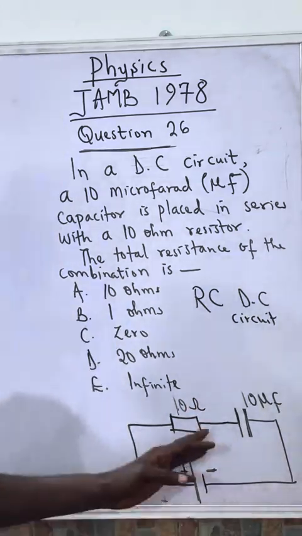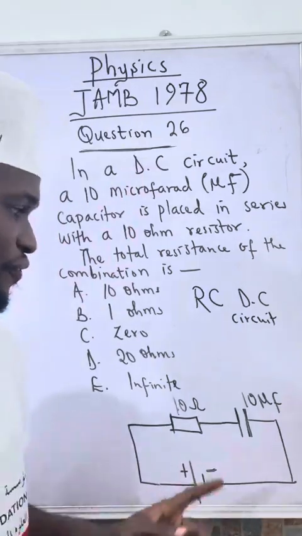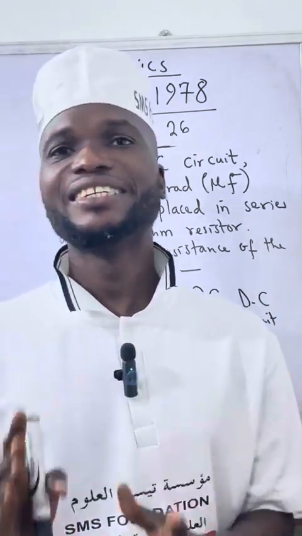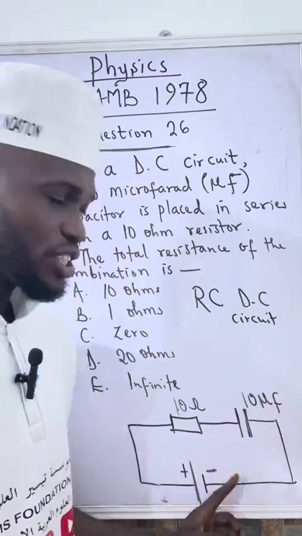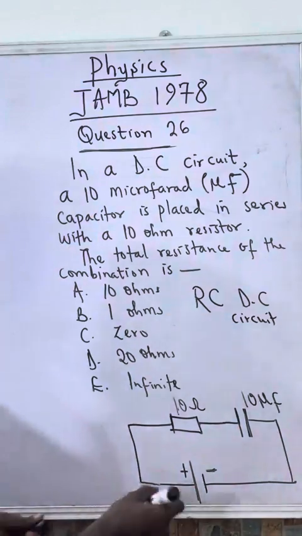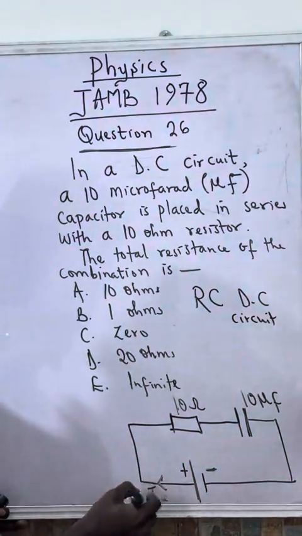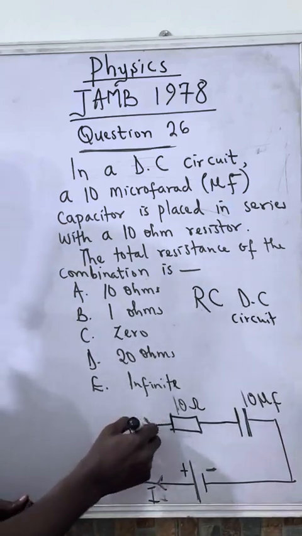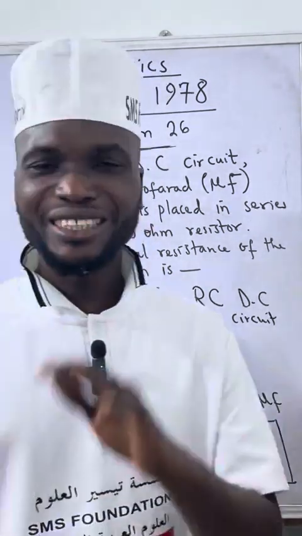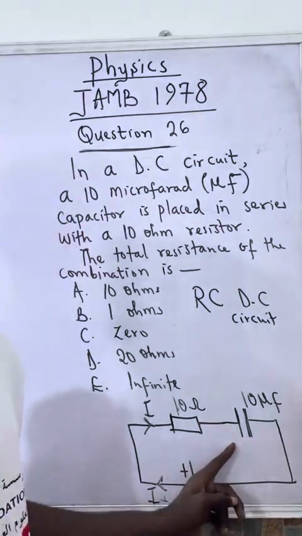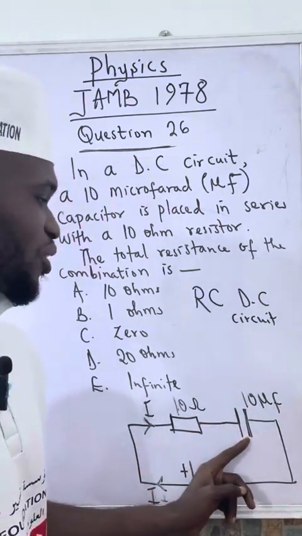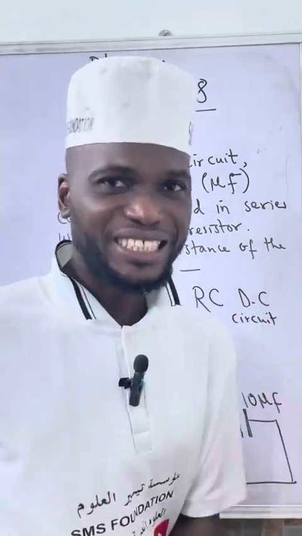Now, two things can happen here. First of all, we can have an initial stage, then we can have a steady stage. At the initial stage, when we just connect this circuit, if you close the circuit, current will start flowing from the source of EMF. The current will flow through without much problem, because this capacitor is not yet charged.